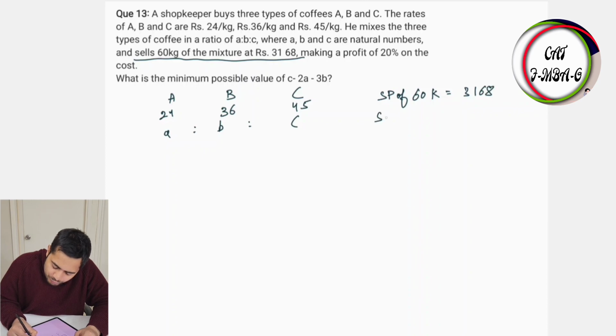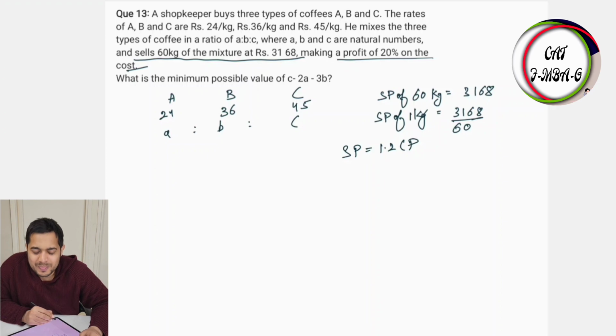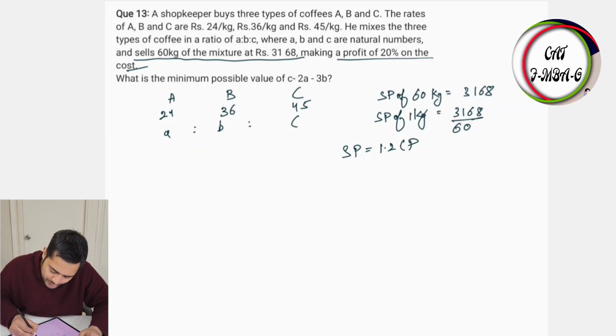So selling price of 1 kg is equal to 3168 by 60. Okay, and you are making a profit of 20% on the cost. Selling price is equal to 1.2 times cost price. If you're not able to understand this, I can show you that profit percentage is 20 by 100, and profit is equal to selling price minus cost price divided by cost price.